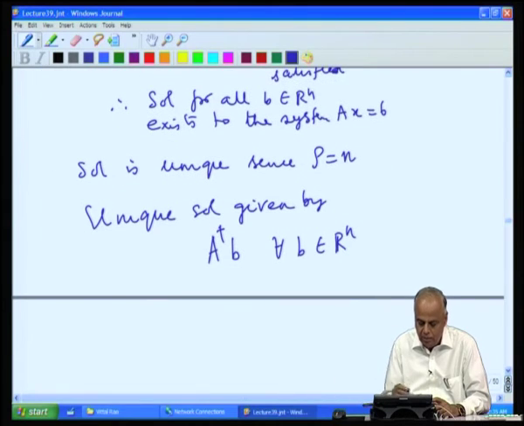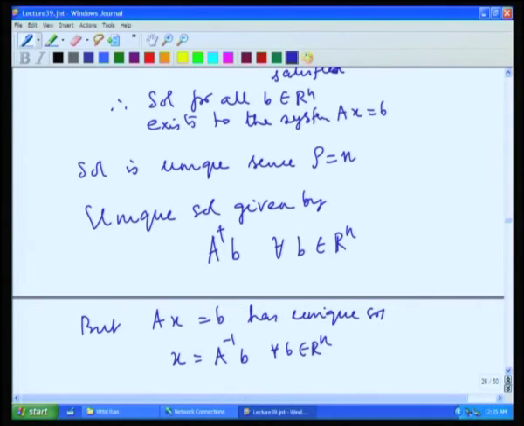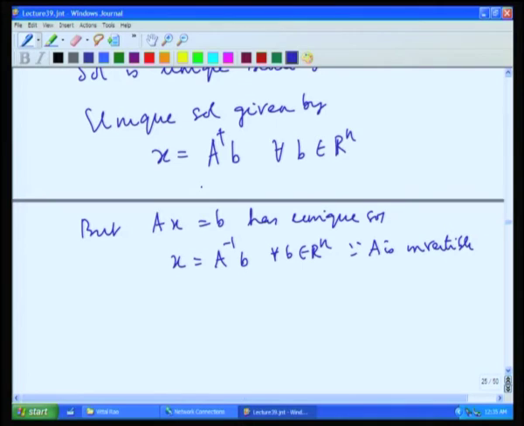But Ax equal to b has the unique solution x equal to A inverse b for every b in Rn, because A is invertible. On the one hand, the unique solution is given by A dagger b, on the other hand by A inverse b. So, A dagger b is equal to A inverse b for every b in Rn.